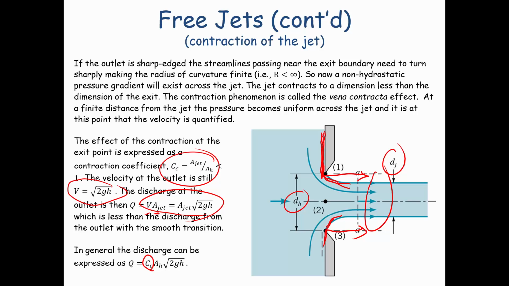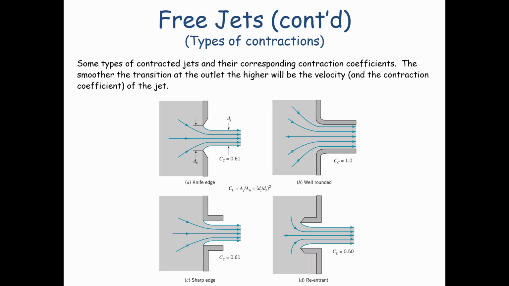And what we can do is look up in a reference book what that contraction coefficient is. There are various values of that contraction coefficient, and that's shown here. The textbook has other ones, but in engineering practice we can look these numbers up to figure out what would be an appropriate value to use in a particular design. So for this knife-edged exit or opening that you see in figure A, the contraction coefficient is 0.61.